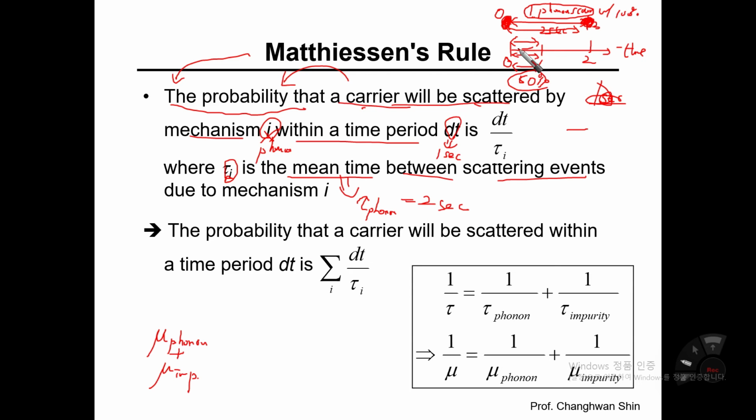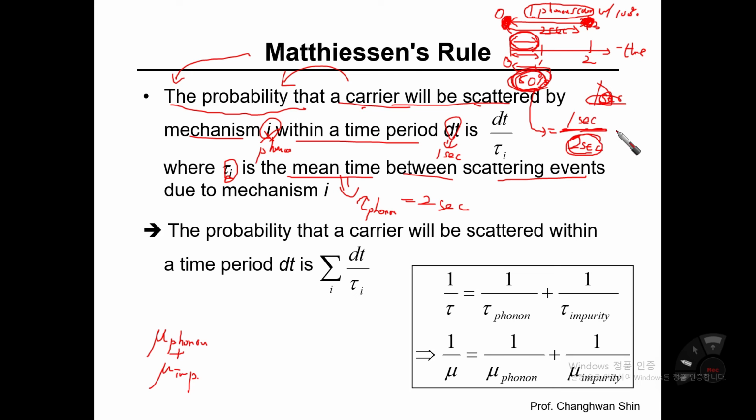But the time window that I'm looking at is from 0 to 1. We have reached the conclusion that in a 1 second time window, we're going to see the phonon scattering with a probability of 50%. To derive the number 50%, every 2 seconds a single phonon scattering happens, but the time window I'm looking at is 1 second.